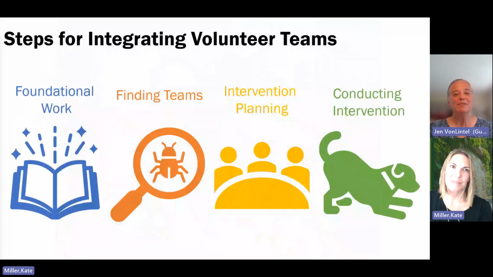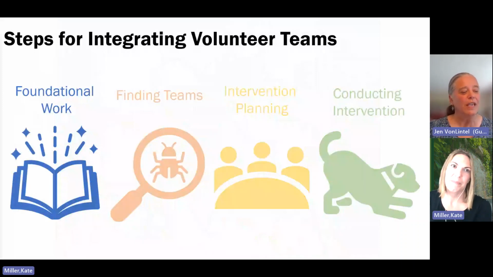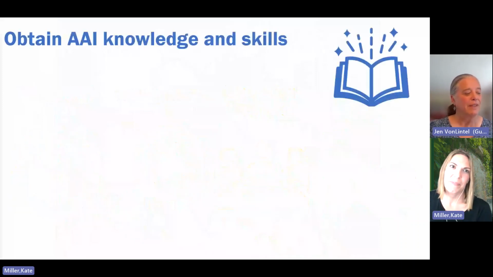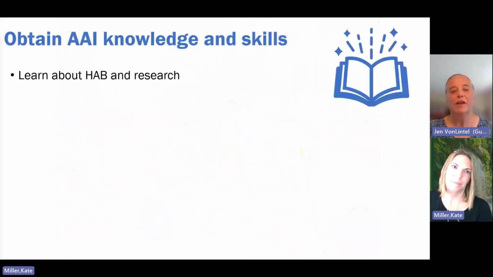Okay, so steps for integrating this work. We're going to start with just some foundational work. Within this foundational work, we're looking at obtaining AAI knowledge and skills. So many times you'll have an education professional, and they may not even have ever worked with a dog before or been around dogs.